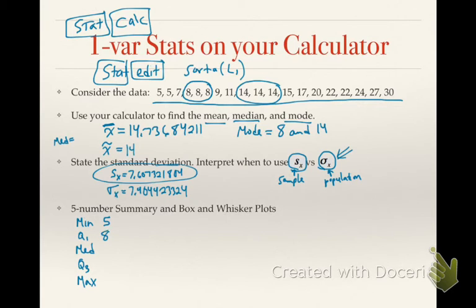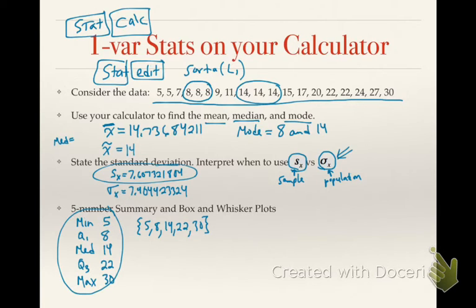The first quartile is 8, the median is 14, the third quartile is 22, and the max is 30. So your 5-number summary is 5, 8, 14, 22, 30. It's a good idea to write down what those values represent, but if it says 5-number summary, you should list those numbers in that order.